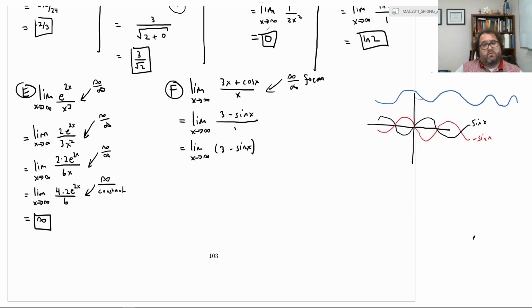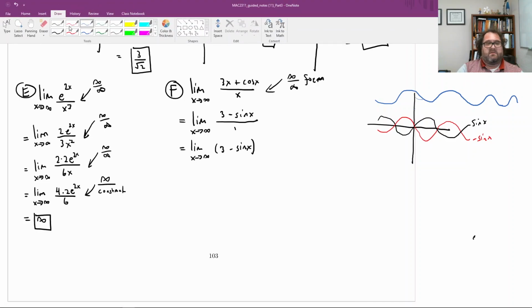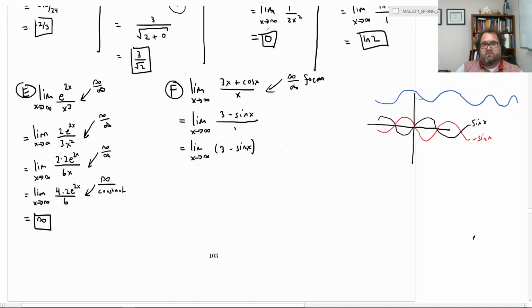Would sine approach a consistent value? It's bouncing back and forth. The range originally is between -1 and 1. But if we translated it up 3 units, it would be between -1 plus 3 and 1 plus 3, so between 2 and 4.